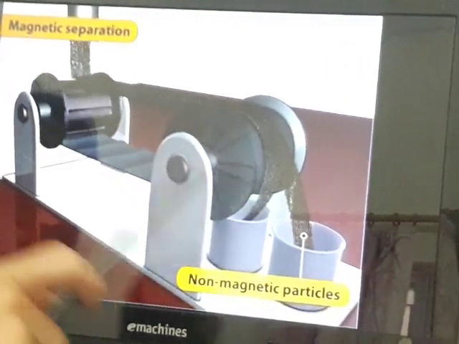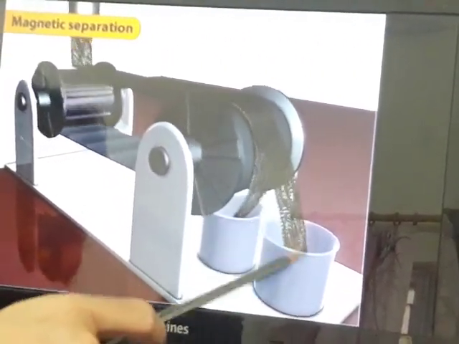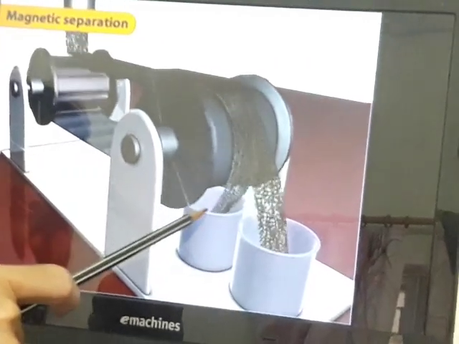These are the magnetic particles. These are non-magnetic particles. They are not attracted by the magnetic roller.